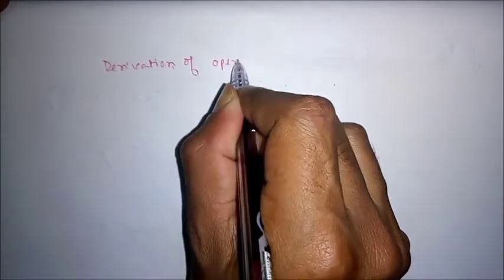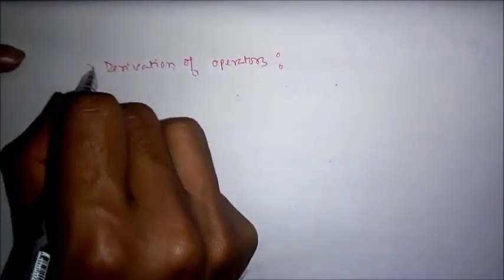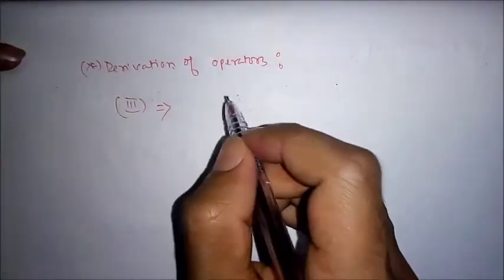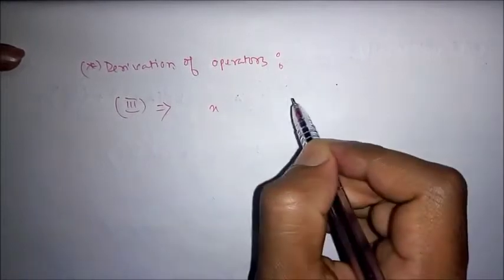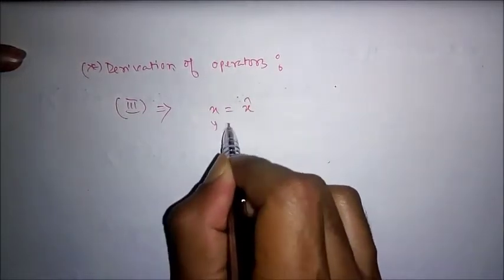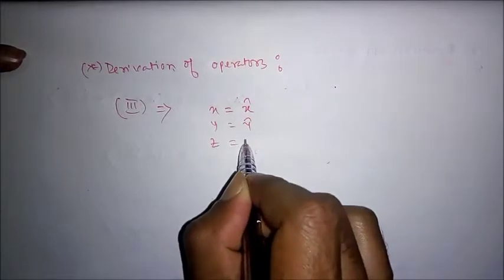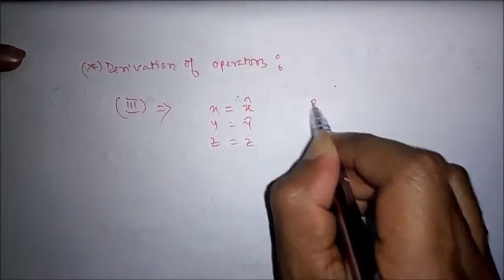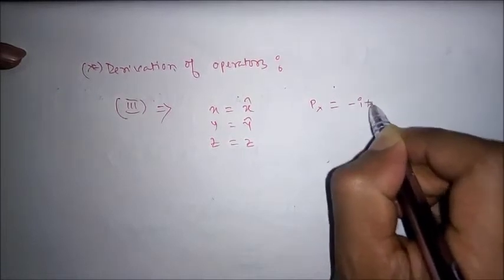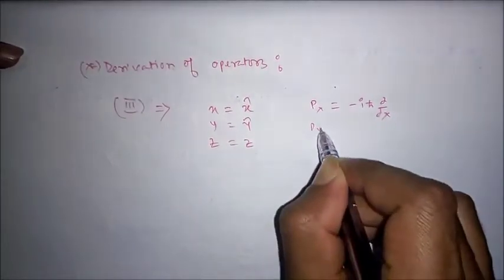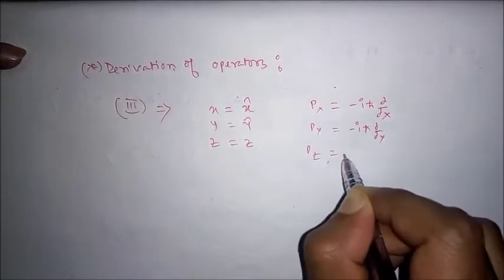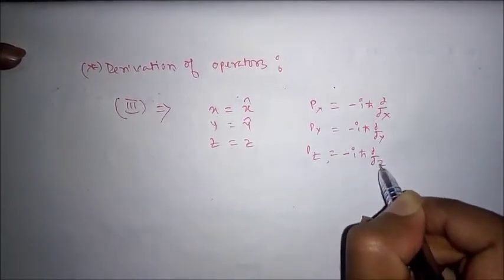According to the third postulate of quantum mechanics, the Cartesian coordinates of classical mechanics are replaced by x, y, and z, and the linear momentum is given by these values.